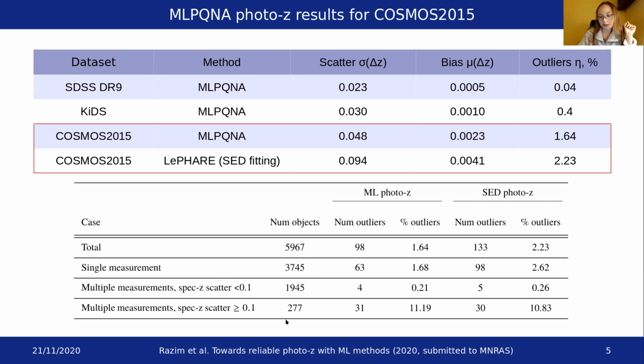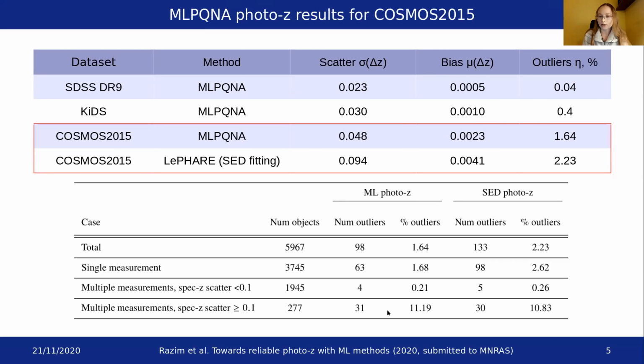And of course, we discovered that the percentage of outliers for these 3 groups is really different. Especially noticeable is that for objects for which spec-z measurements are in agreement, there are very few outliers. And if spec-z measurements are different, then of course we cannot rely on them. So everything that is called an outlier in this group is most likely due to our using an incorrect spec-z measurement.